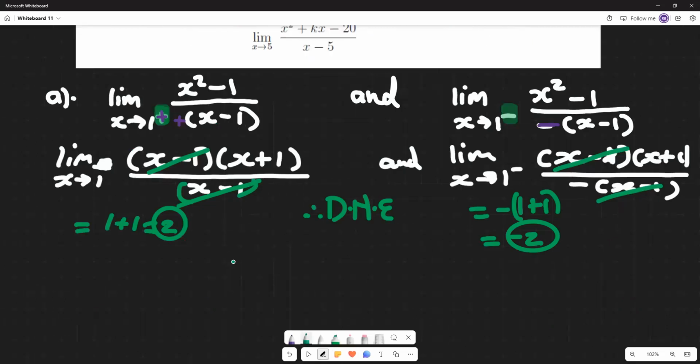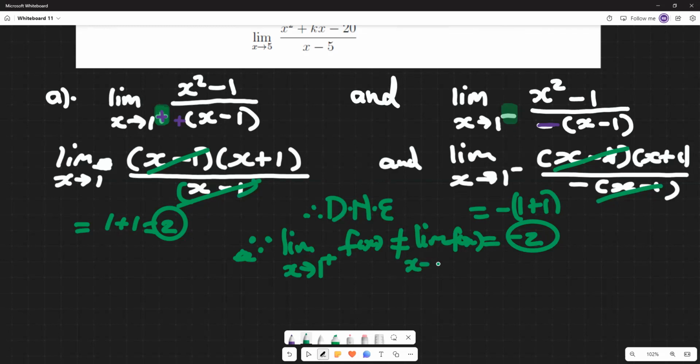You're going to say, because the limit as x approaches 1 from the right of f of x is not equal to the limit of f of x as x approaches 1 from the left, we cannot evaluate the limit, as it does not exist.